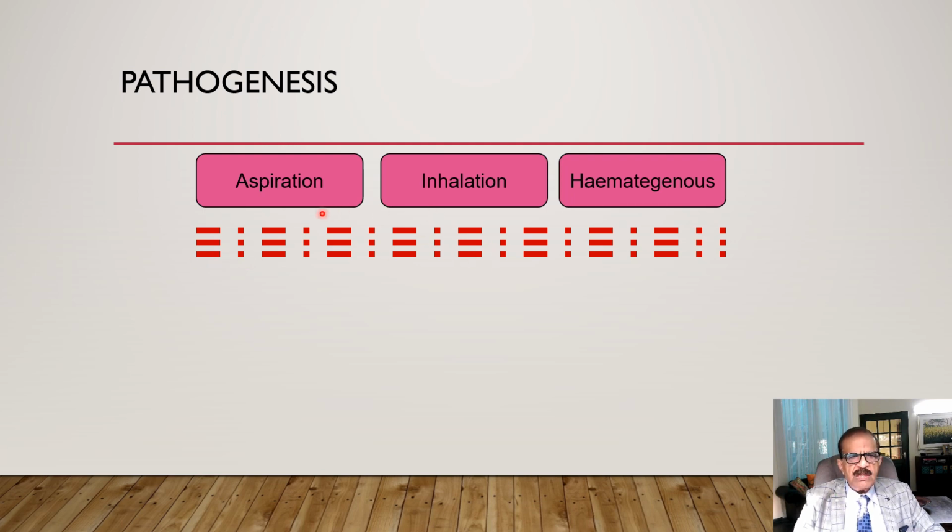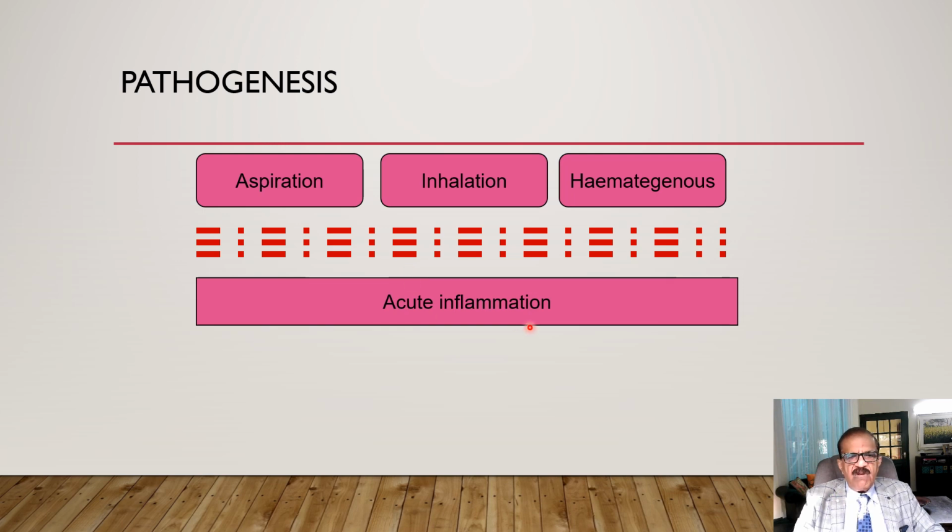So these organisms, they can reach lower respiratory tract but do not necessarily cause infection, do not necessarily cause pneumonia because of this resistant mechanism. But some bacteria would evade this mechanism and will actually reach our lower respiratory tract. So that will result in acute inflammation.